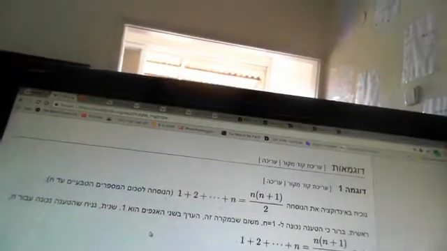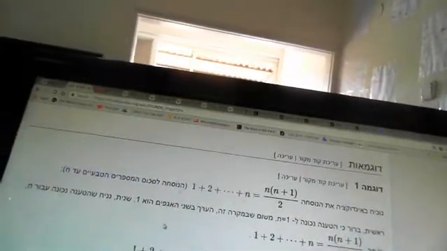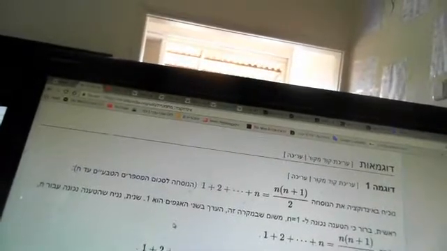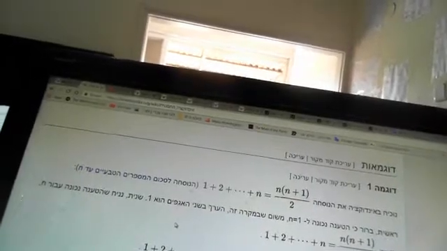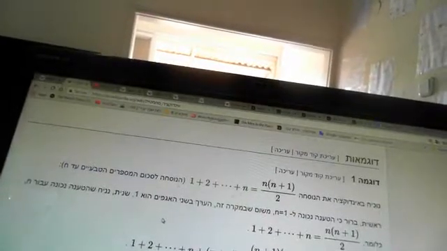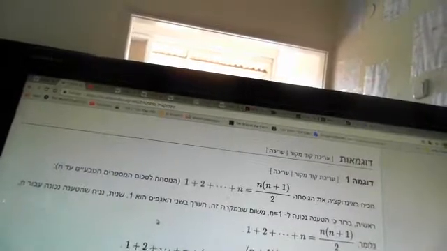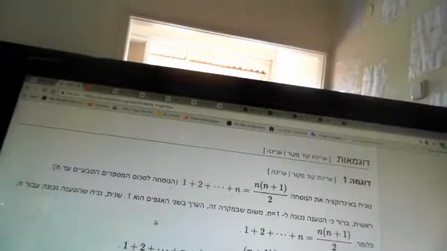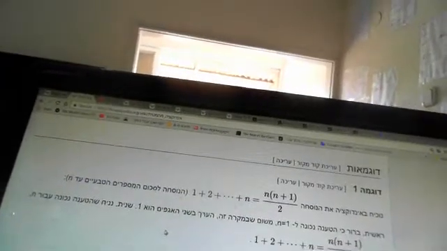Now we are in the first step, that is the base case. If n equals 1, then on the left side of the equation we have only the number 1. It says that 1 equals n, which equals 1, multiplied by n plus 1, that is 2. 1 multiplied by 2 is 2, and 2 divided by 2 is 1.